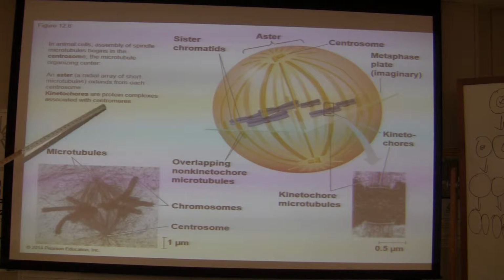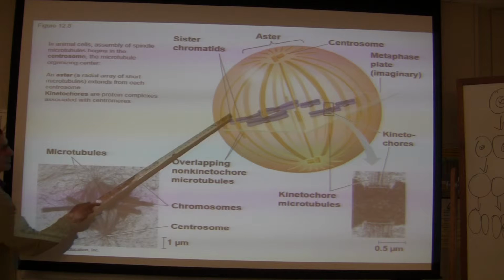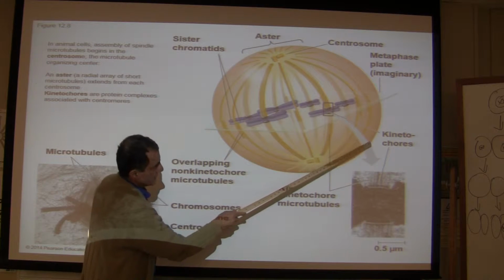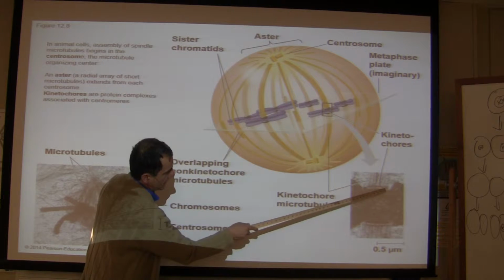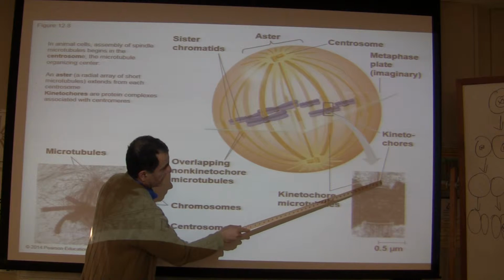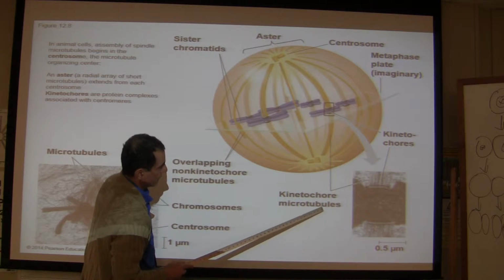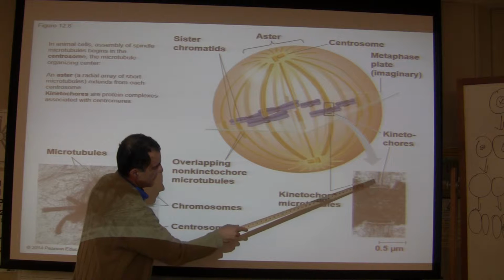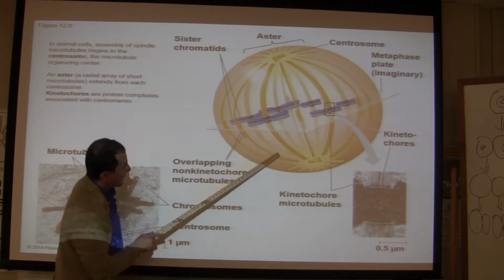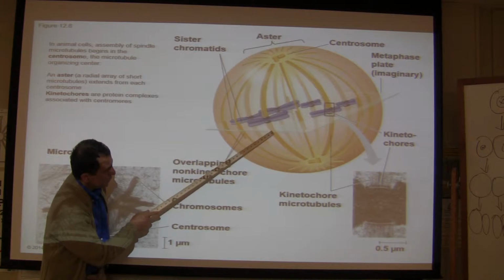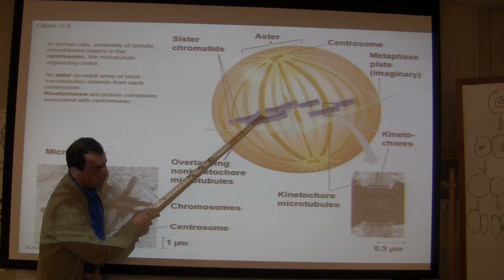And then kinetochores, as I said, are protein complexes. Right here, as you can see, kinetochores are these protein molecules attached to the chromosomes. These are kinetochore microtubules, and the protein molecules right here are called the kinetochore.